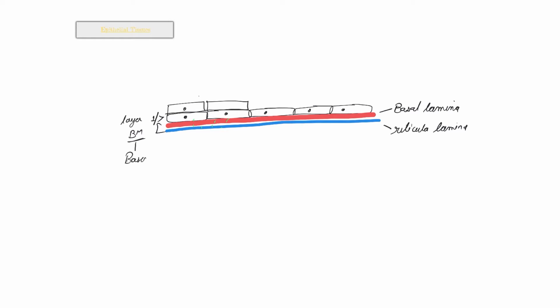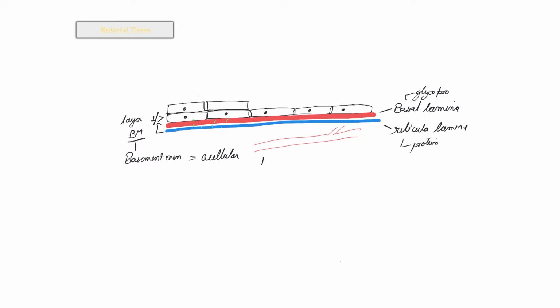A basement membrane is acellular. That means it's not made of cells. The basal lamina, the first part of the basement membrane, is made up of glycoproteins, whereas the second part is protein. So these form a kind of filter for the substances that will be diffusing from beneath.